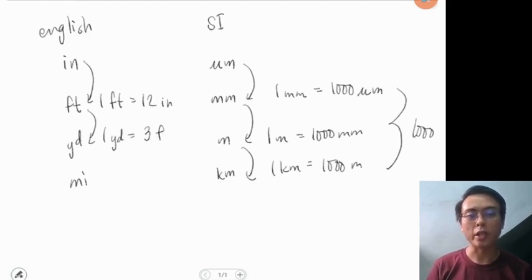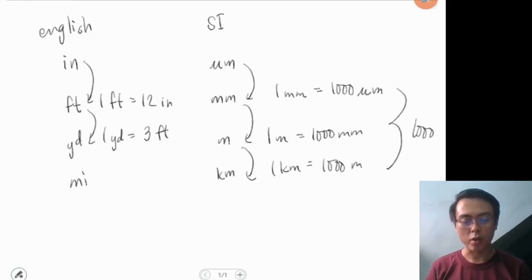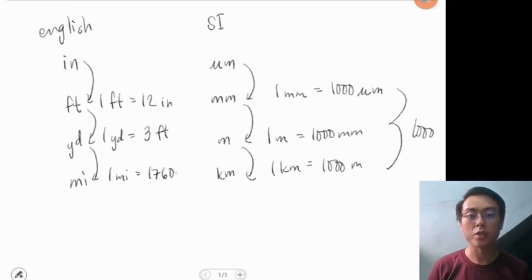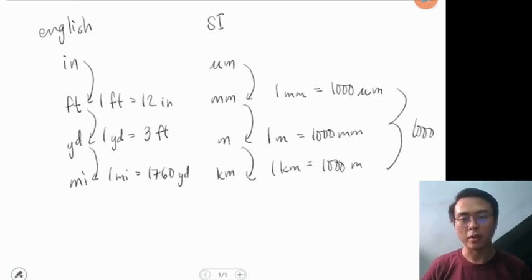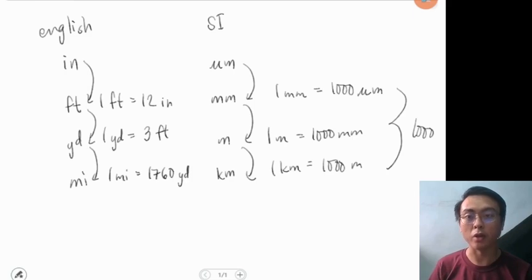So there is already a discrepancy between yards to feet and then feet to inches. And then further, if you convert yards to miles, 1 mile is 1,760 yards. So you see here there is a very big discrepancy between the jump and the conversion values when you are going beyond units. And this is just in length.